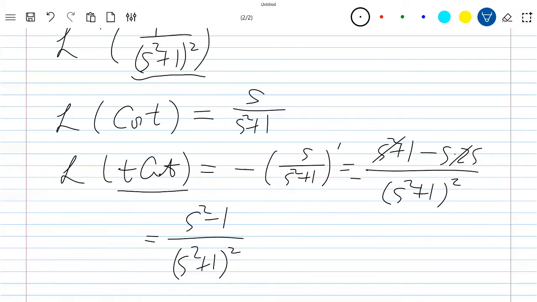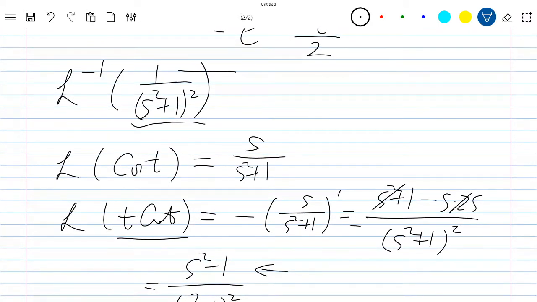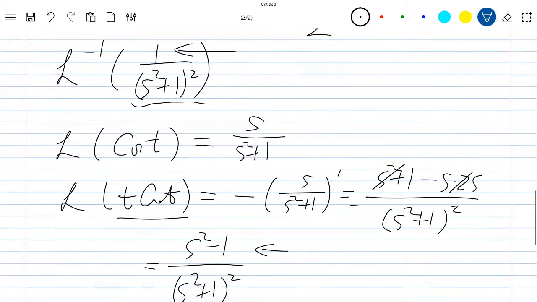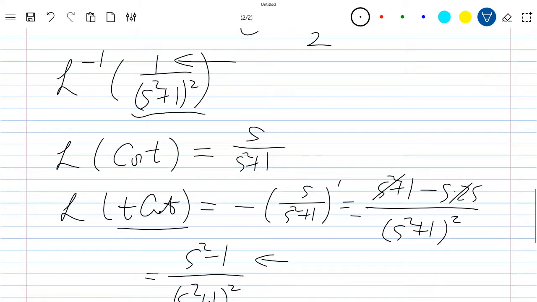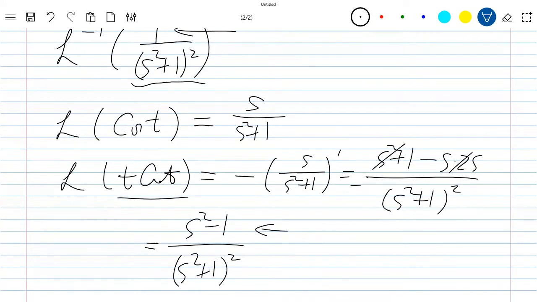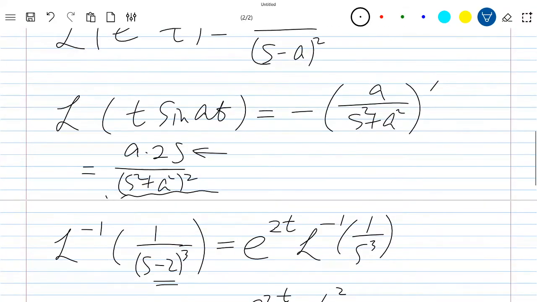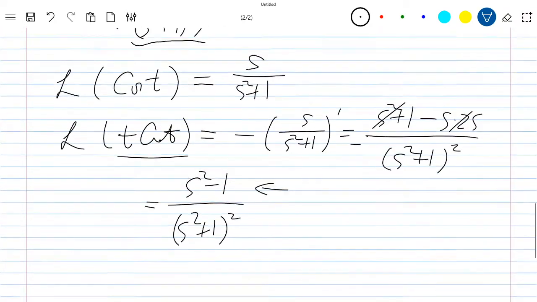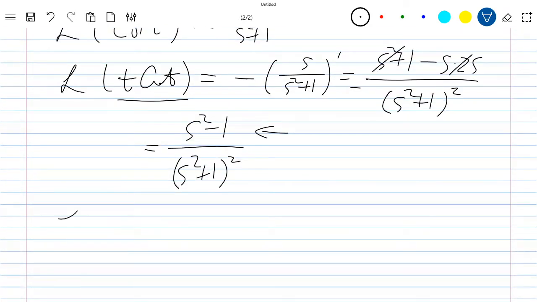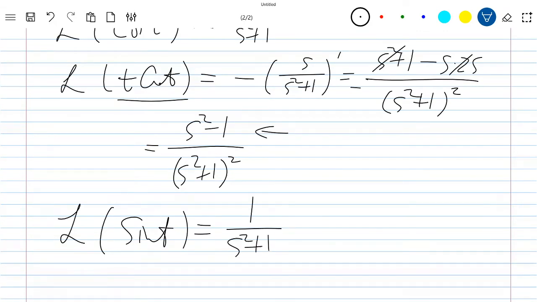You have s squared minus 1 in the numerator. But what we want is 1, right? Well, you may say there's no way to get the s squared, because sine wouldn't have the s. Sine is just 1 over s squared plus 1, not s squared, right? But look at this. What is sine t? Sine t is just 1 over s squared plus 1, right? Well, if you can write it in this form, do you see what's going on?